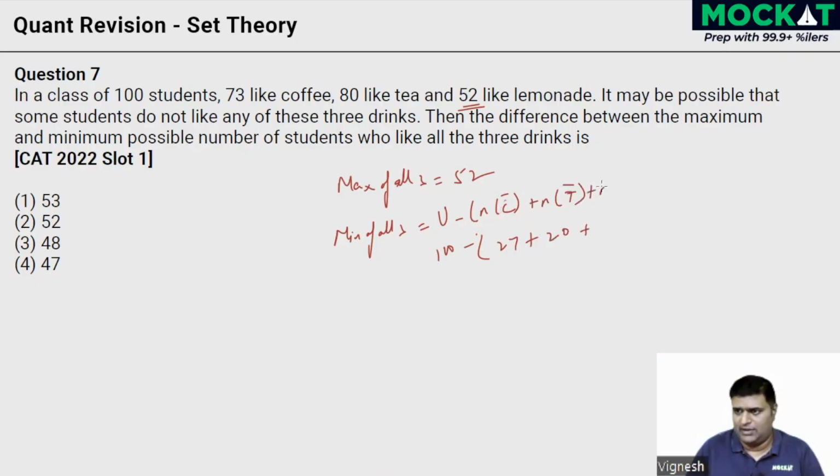Then those not liking lemonade over here is going to be 100 minus 52, which is 48. If you add this up, 47 plus 48 is 95. 100 minus 95 comes to 5. What they're asking is the difference between the max and the minimum. 52 minus 5, 47, right? That becomes the answer here.